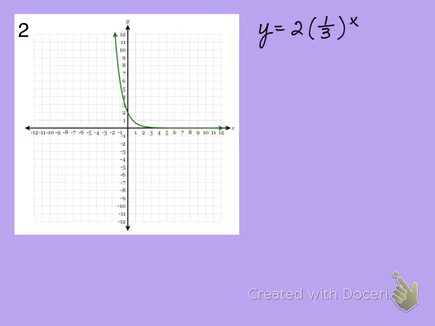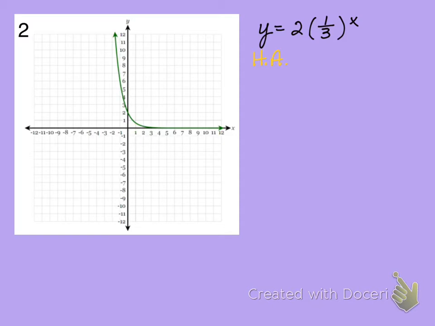The goal is I'm going to do the first 2 with you, and you do the next 4 on your own. So number 2 is y equals 2 times 1/3 to the x power. Now we know this is an exponential function, and what we know from the previous section is that exponential functions will always have what? Horizontal asymptotes.